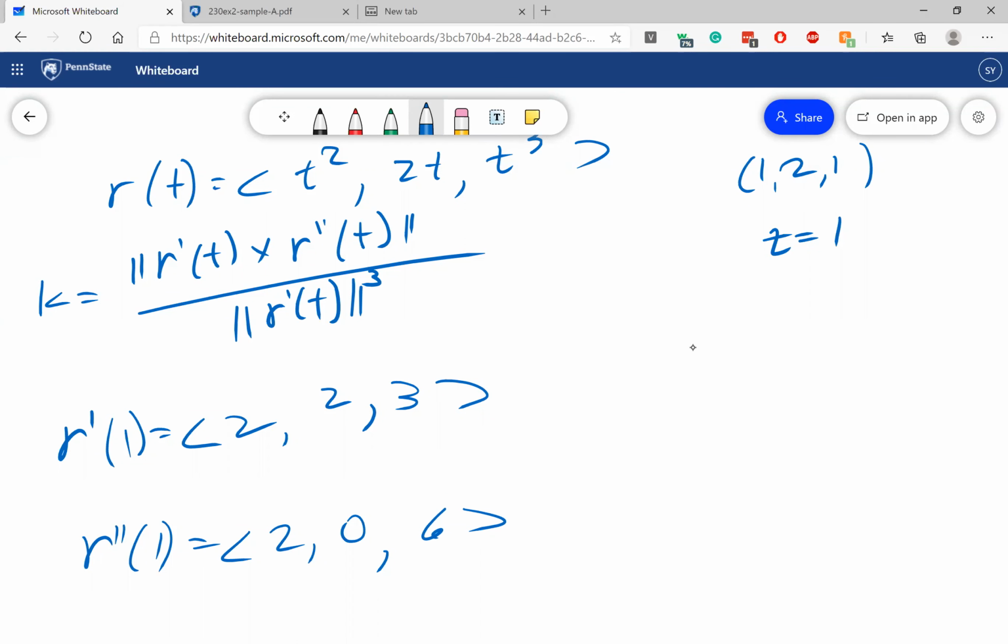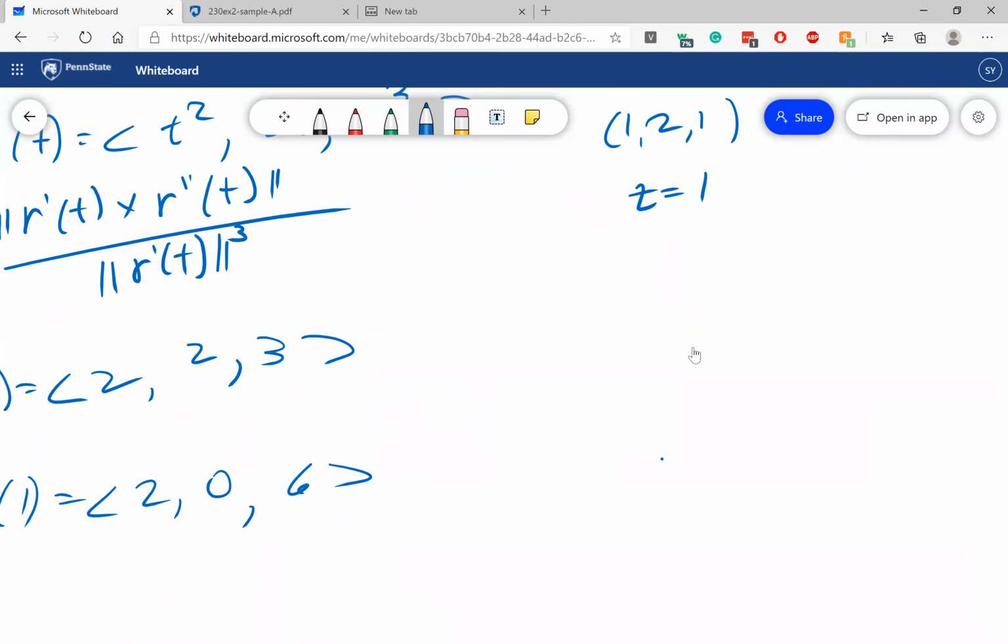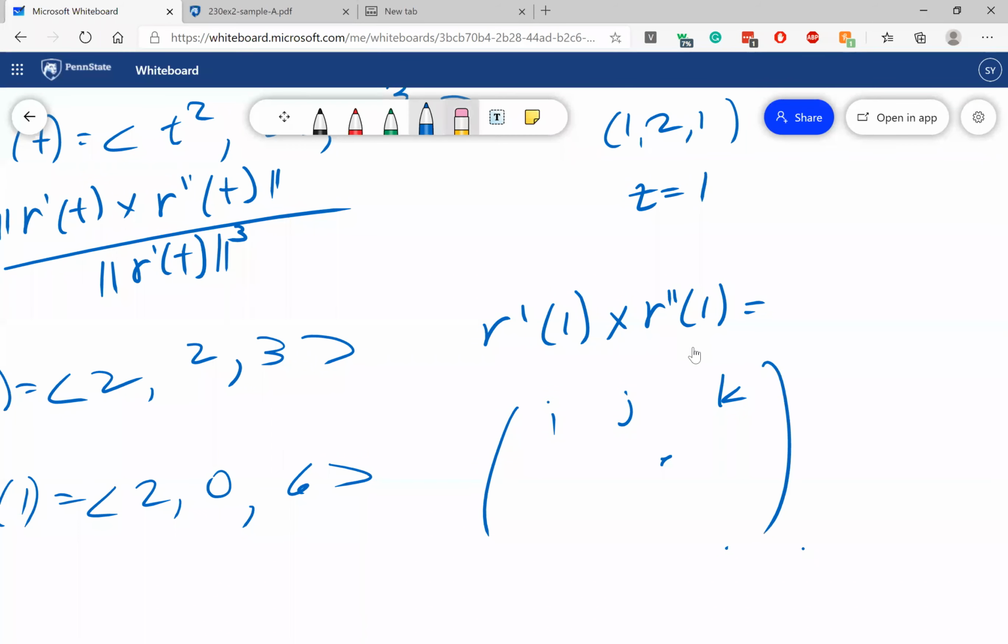Okay, so now we need to find their cross product. So r prime of 1 cross r double prime at 1 is going to be equal to i, j, k, and then we're going to have 2, 2, 3, 2, 0, 6.